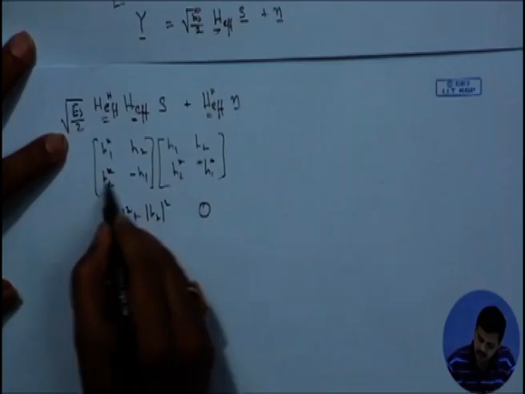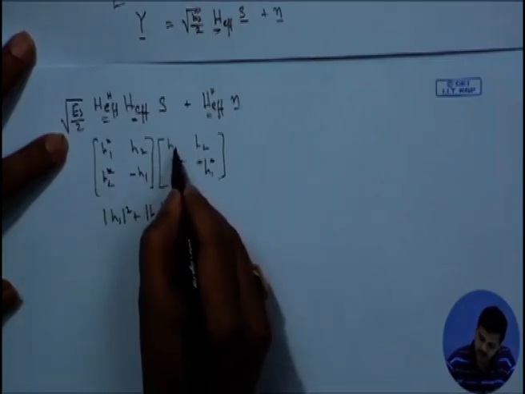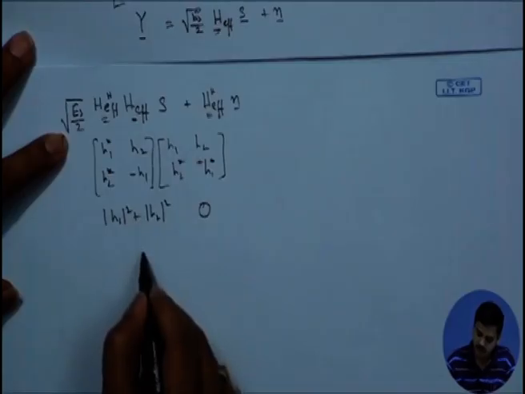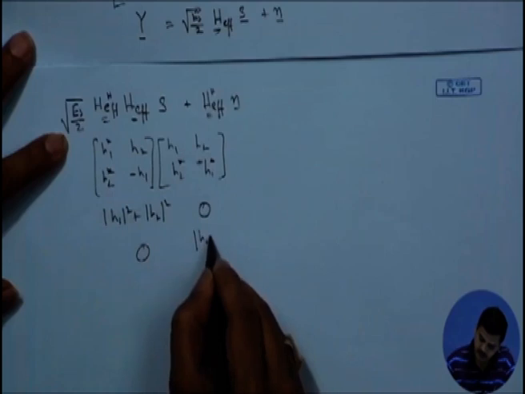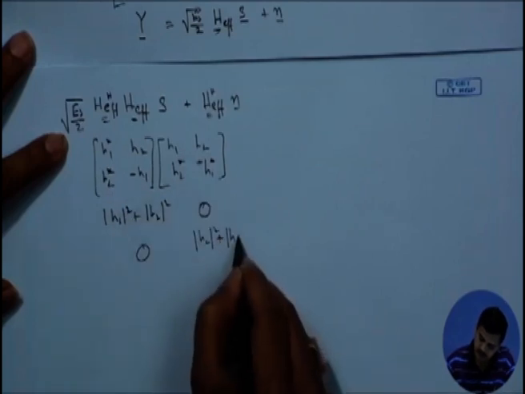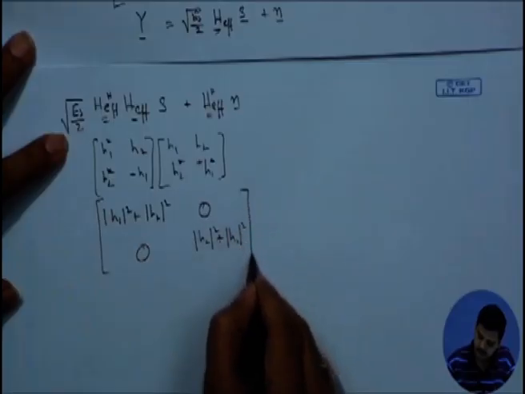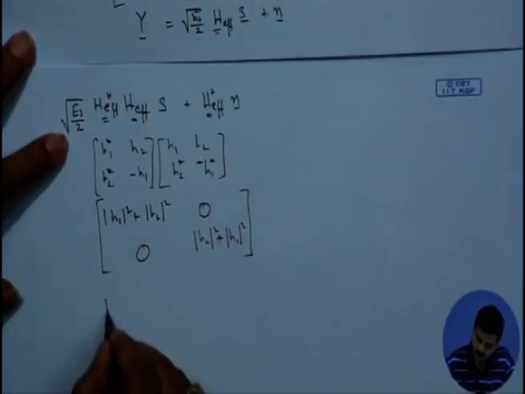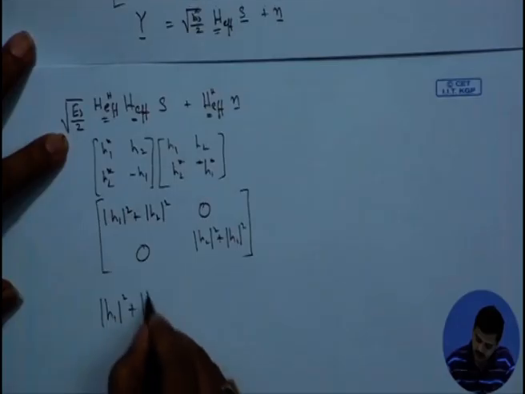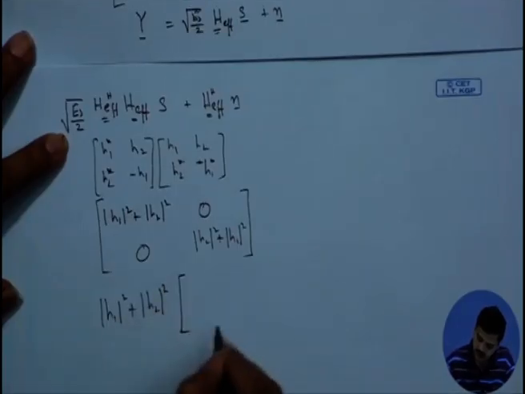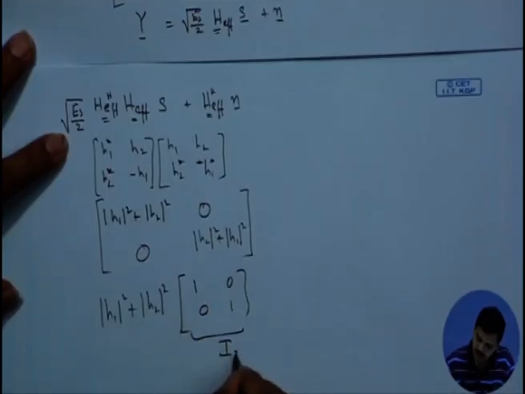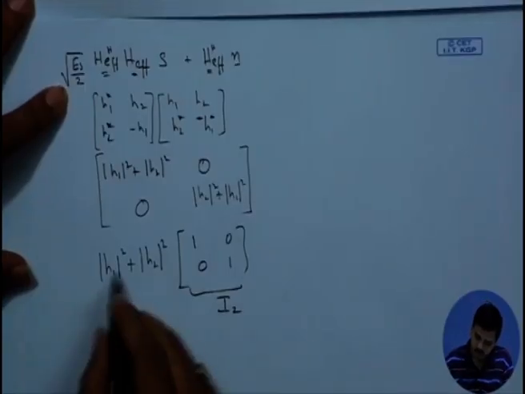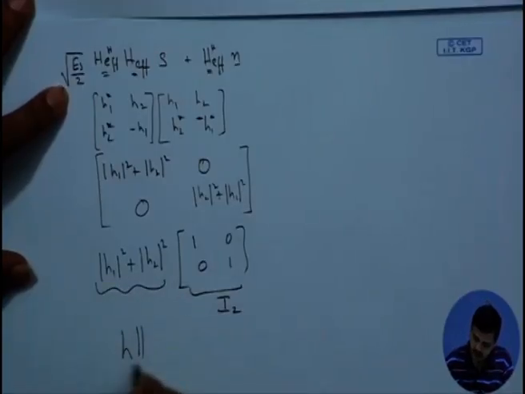When we take this row times this column, h2 conjugate h1 minus h1 h2 conjugate, again we get a 0, and we have |h2|^2 plus |h1|^2. So what we get effectively is |h1|^2 plus |h2|^2 times 1 0 0 1, which is an identity matrix of size 2. So this is basically h_F squared times I.